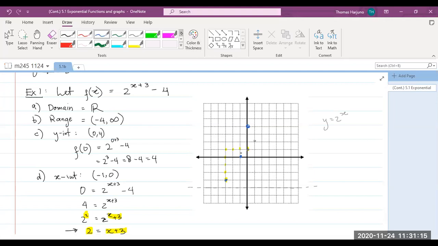Okay. And then this guy (1, 2), move 3 units to the left, and then 4 units down. It will land here. And then (-1, 1/2), 3 to the left, 4 units down, it will land here.